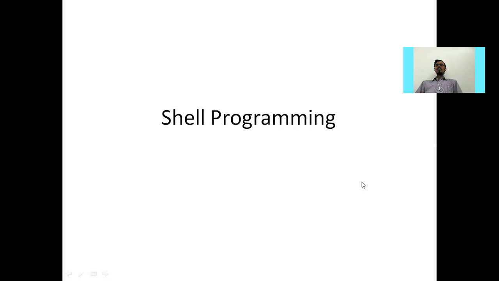Shell is the interface between the kernel and the application tools. The commands given by the application tools are interpreted through the shell and passed on to the kernel or hardware. So let's begin with the first slide.